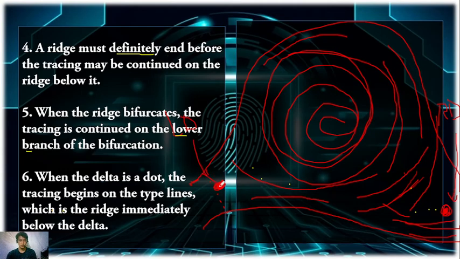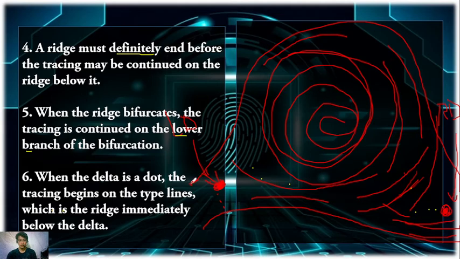Ano yung gagawin natin? Sabi dyan, the tracing begins on the type line. So hindi tayo magsisimula sa dot natin, hindi sa dot tayo magsisimula ng ridge tracing natin. So saan tayo magsisimula? It says here that the tracing begins on our type lines. So saan ba yung type line natin?